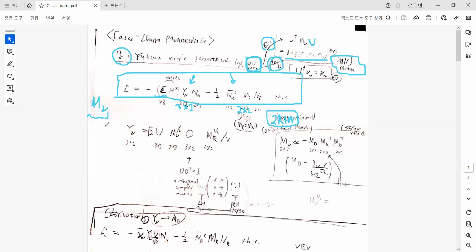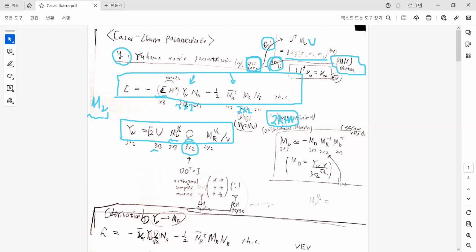And the answer for the parametrization of the Yukawa matrix is the Casas-Ibarra parametrization. This is the important formula in this talk. Here Y_ν is the Yukawa matrix, U is the PMNS matrix, and M_ν is the diagonalized neutrino mass matrix with the power of 1/2, and O is the orthogonal complex matrix, a 3 by 2 matrix.